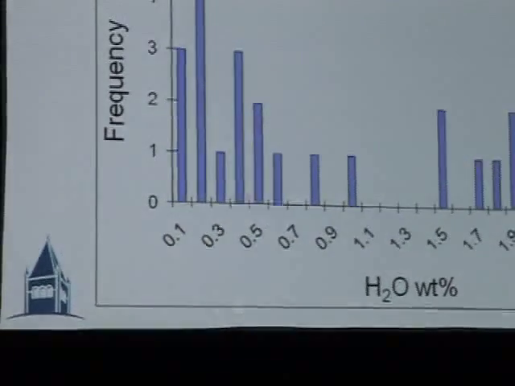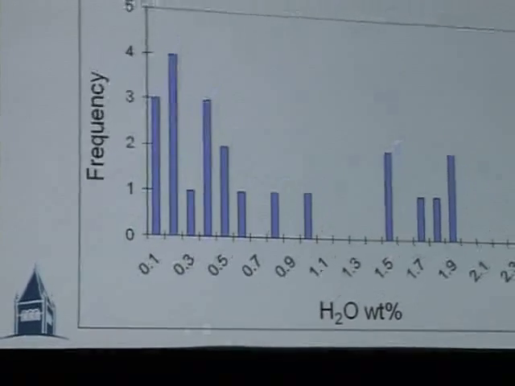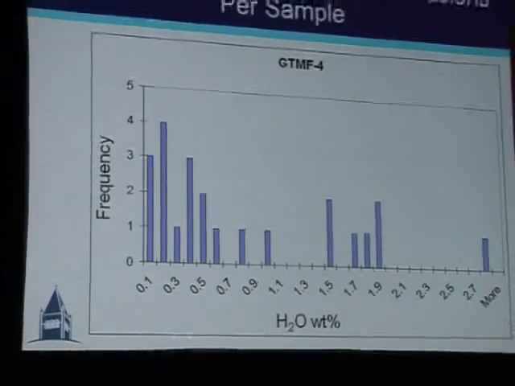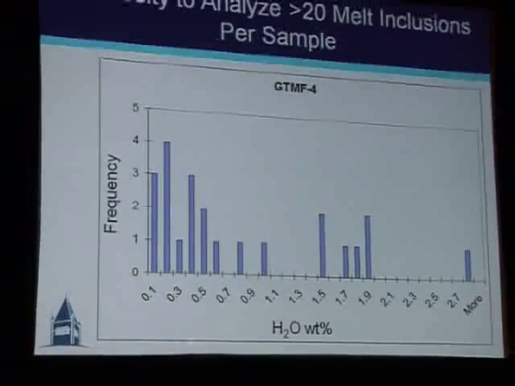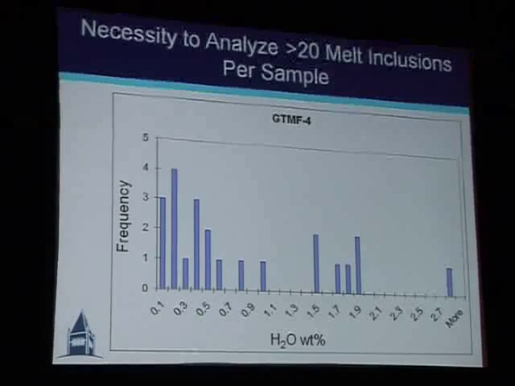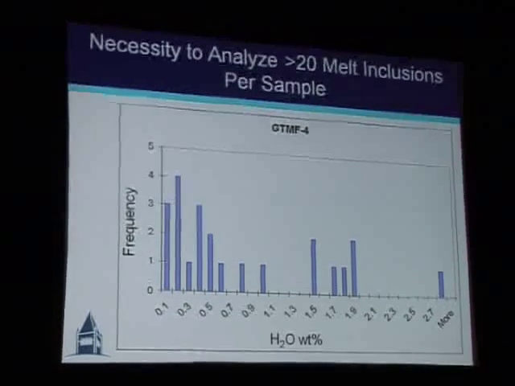This diagram illustrates the point that degassing takes place at all sorts of stages as the crystal is brought to the surface. And it also shows that in order to make any sense of what the actual water concentrations of the primary magmas were, one has to use a statistical method by analyzing a minimum of some 20 melt inclusions, as illustrated here.